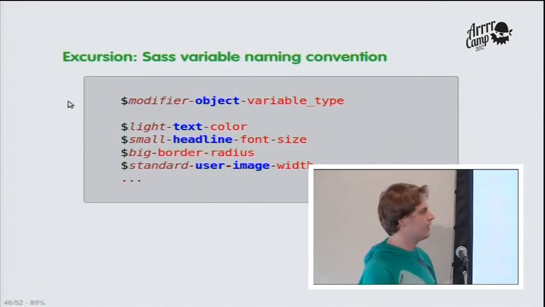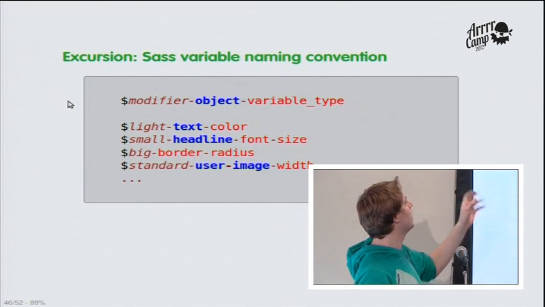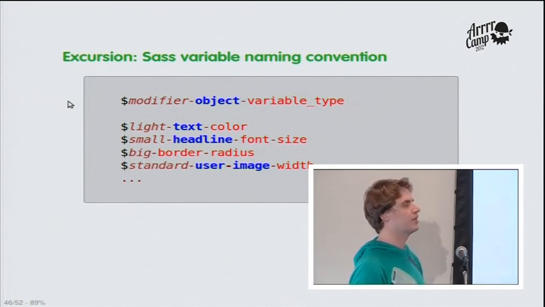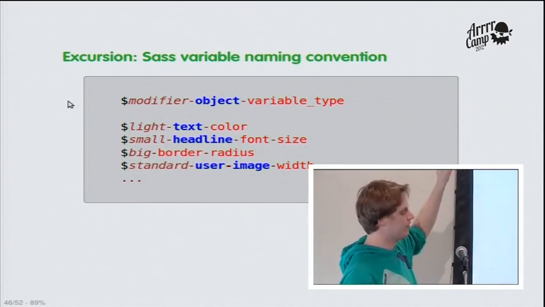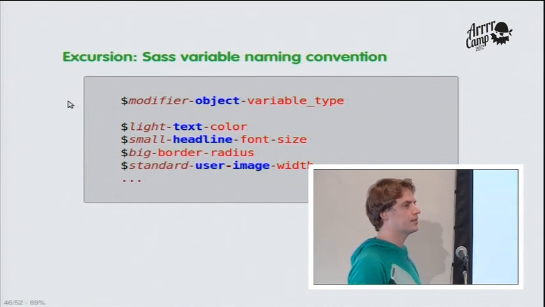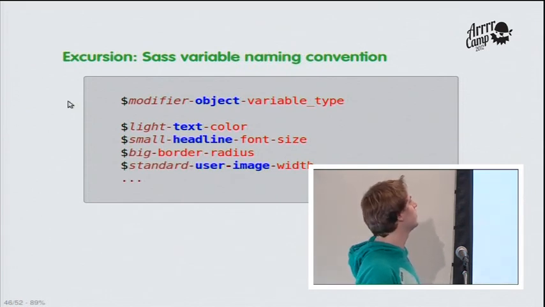And as a kind of side excursion, there's also a convention for naming the SASS variables, so that the pattern goes as follows. You have a modifier in the beginning that says how it differentiates from other similar variables. So you can have light, small, big, standard, default, stuff like that.